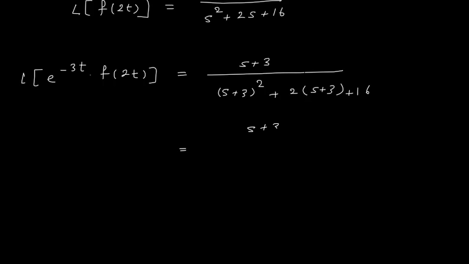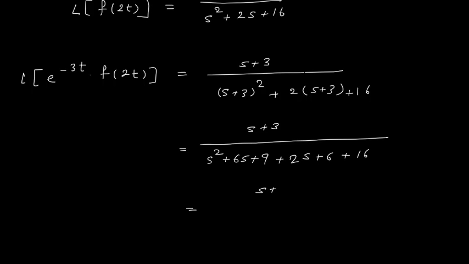So this gives us s plus 3 whole divided by s square plus 6s plus 9 plus 2s plus 6 plus 16. So this becomes s plus 3 upon s square plus 6s plus 2s is 8s, plus 9 plus 6 is 15, 15 plus 16 is 31.